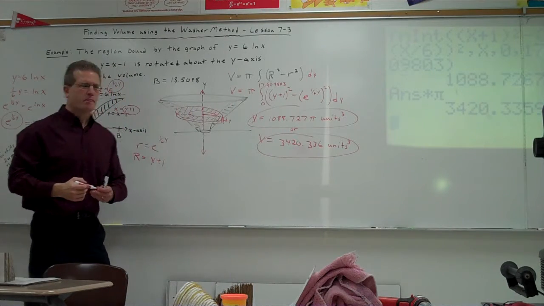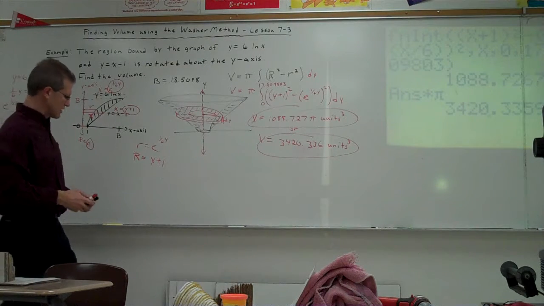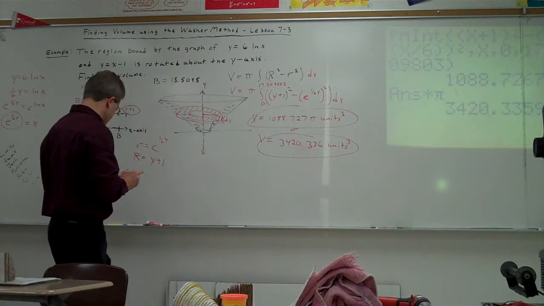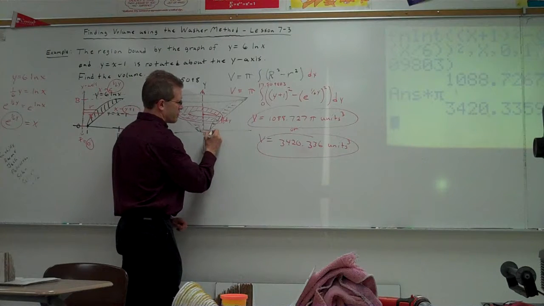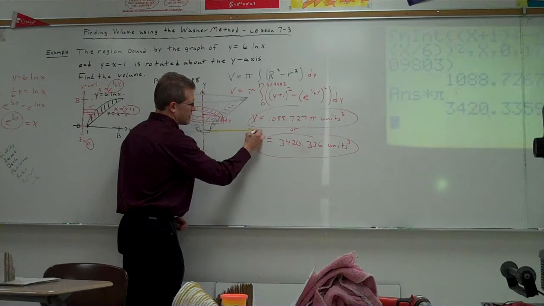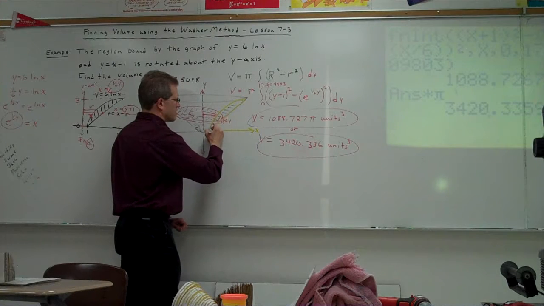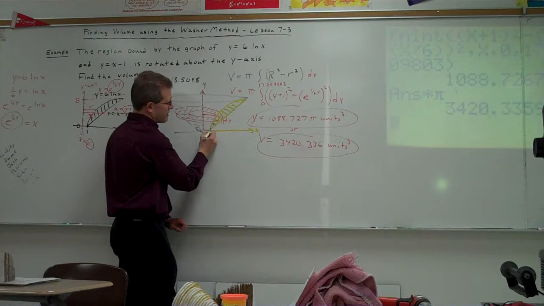Okay, if we would have done it like you originally had it with the x-axis, it wouldn't even have been a washer method, would it? Good question. He's saying, what if we would have taken our figure, grab a different color to show you, and rotated around the x-axis here. If we would have taken this and rotated this figure here, then it would look something like this.